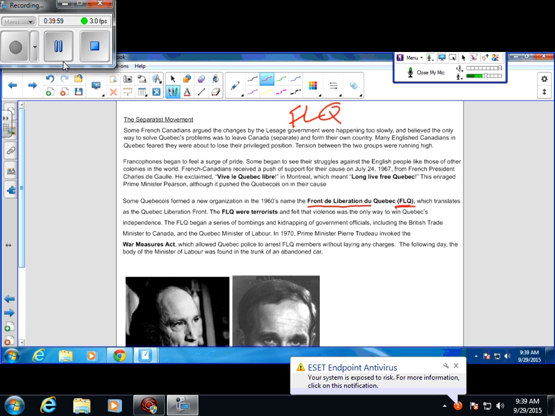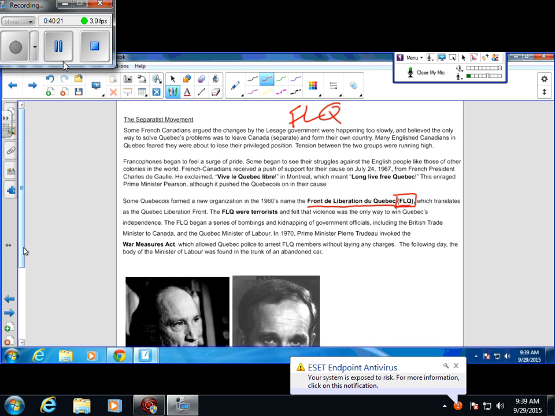It's FLQ for short. If you're following your textbook, it is on page 20.